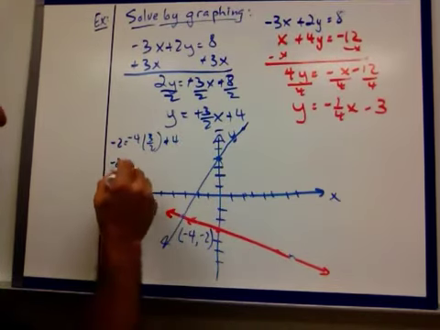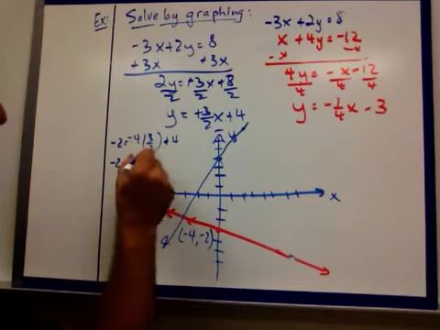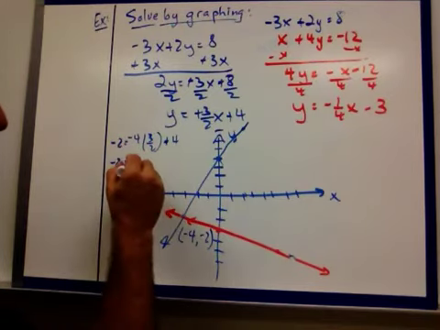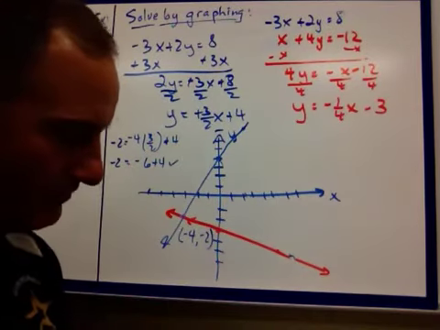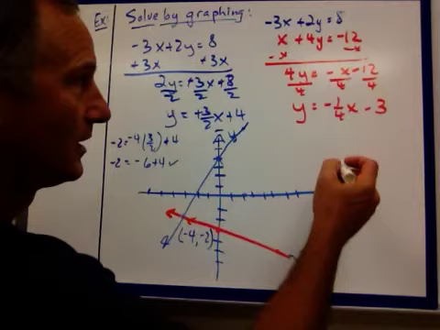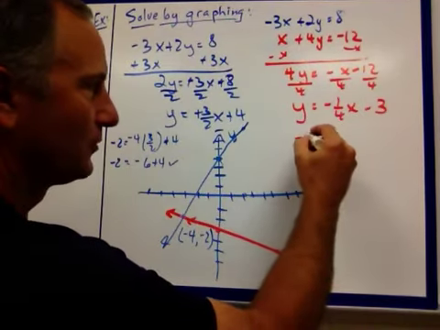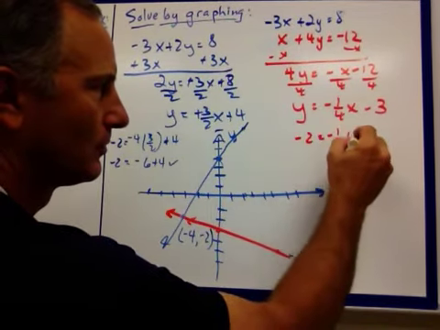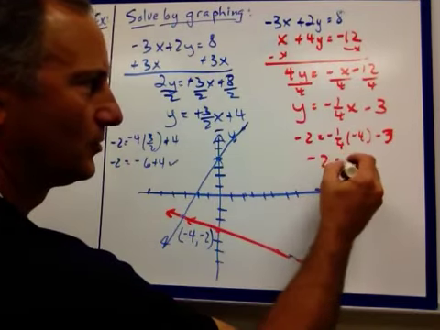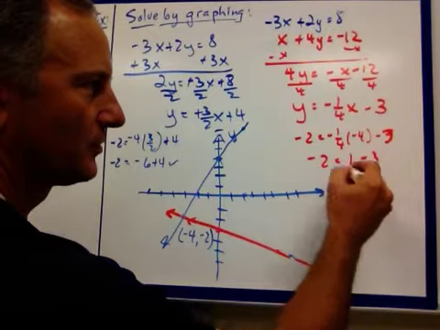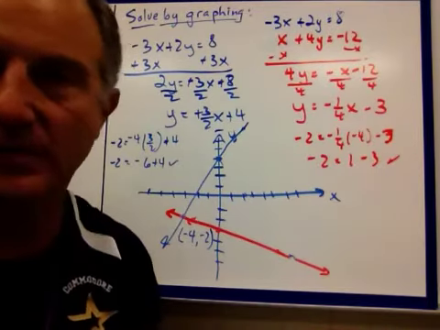I get negative 2 equal to negative 12 over 2, so that's negative 6 plus 4. That checks. Negative 2 equals negative 2. And if I put in the 4 here and the negative 2, I get negative 2 equal to a positive 1 minus 3. Negative 2 equals negative 2, so that checks.